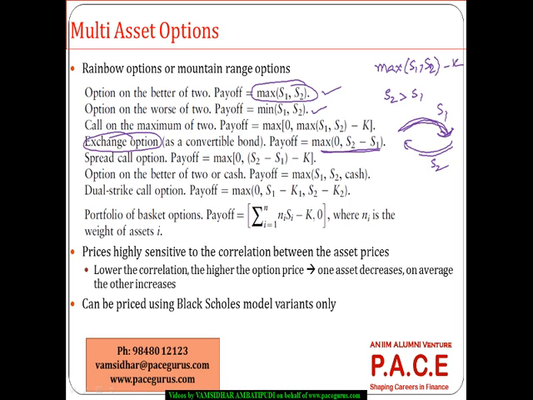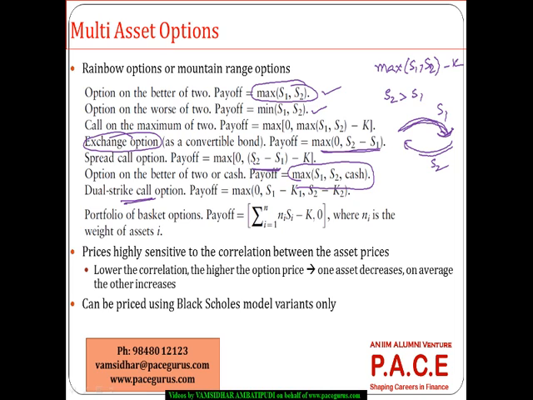We have what is called a spread call, where we are simply looking at the difference between S2 and S1 minus K. Whatever is the difference between S2 and S1 minus K, that is the payoff. And we have a few more options, like option on the better of the two or cash, wherein the payoff is the maximum of S1, S2 or some cash that is typically decided initially.